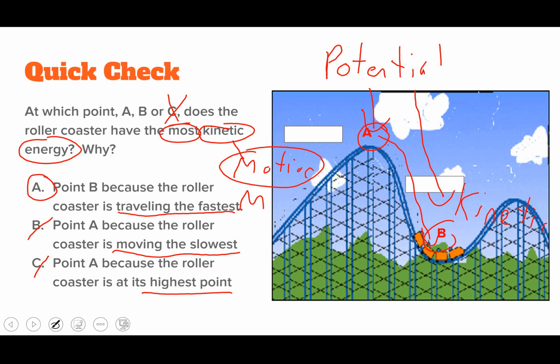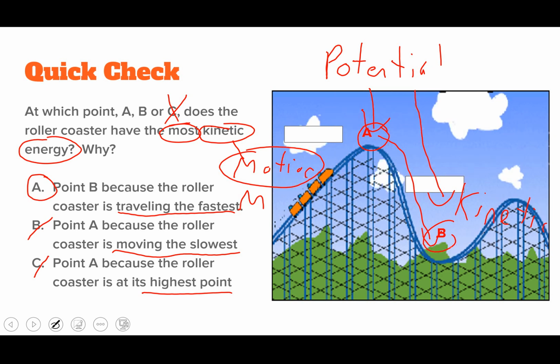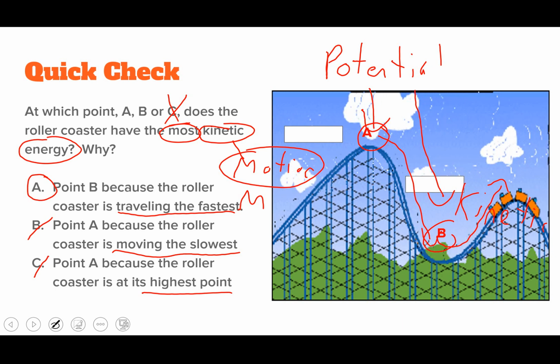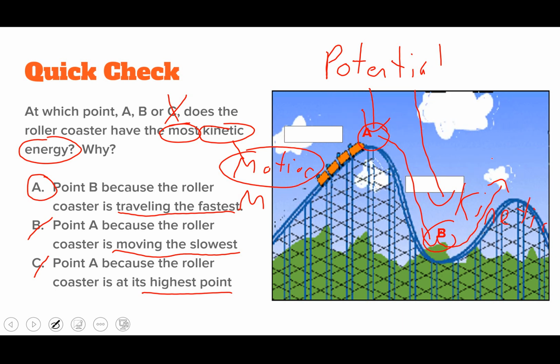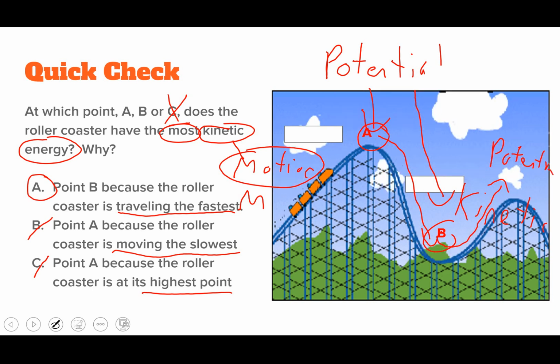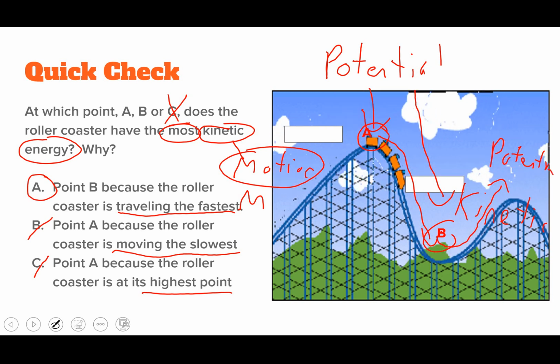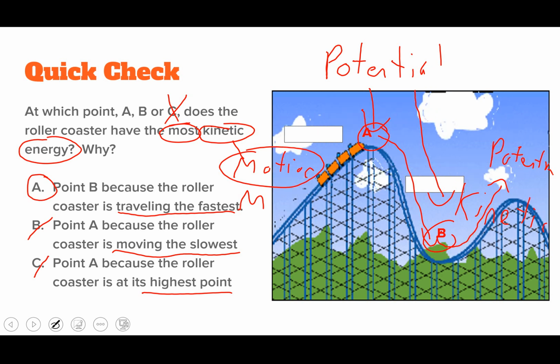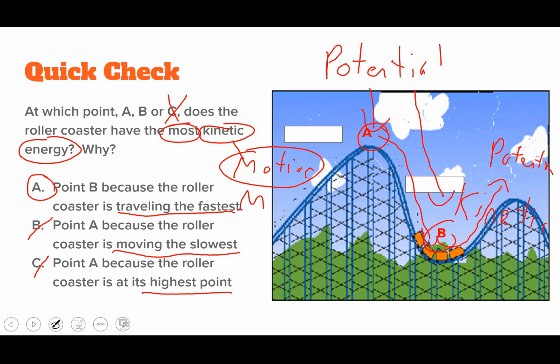All right? But then as we go back up, that kinetic energy then transforms back into potential. And basically, you'll see that potential and kinetic energy can transform between each other very easily.